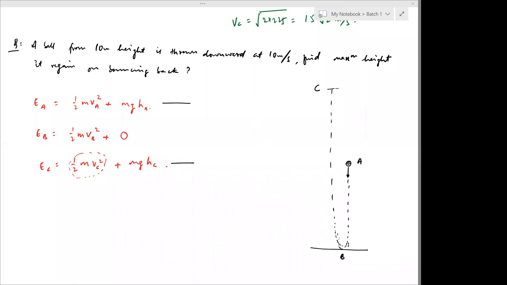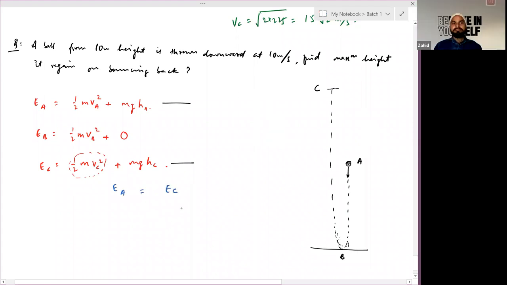Okay, sir. Velocity is given as 10 meter per second. Height at point A is also given as 10. From this, you will be able to calculate height at point C.